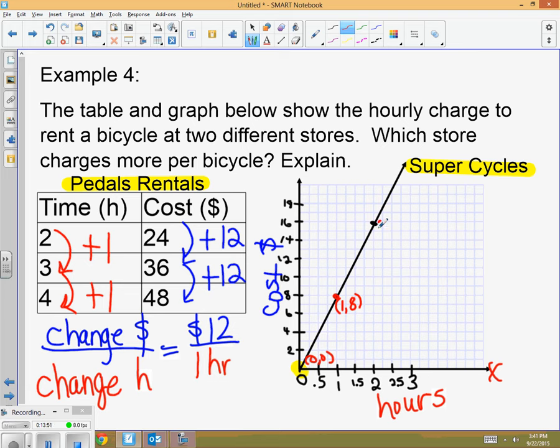At the next point, we have over 2, and it intersects at 16. So 2, 16 is our next point. And you even have a third point. Mine is cut off a little bit. At 3 hours, it would cost $24.